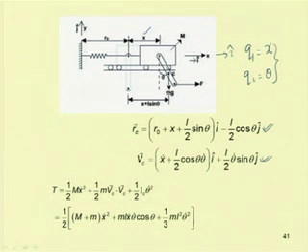By adding these two, one can find the kinetic energy of point C. So, the total kinetic energy of the system can be written as half capital M plus small m x dot square plus m L x dot theta dot cos theta plus 1/3 m L square theta dot square.